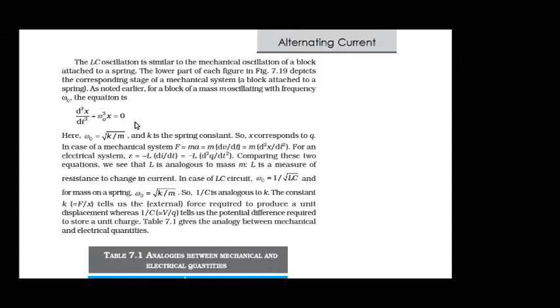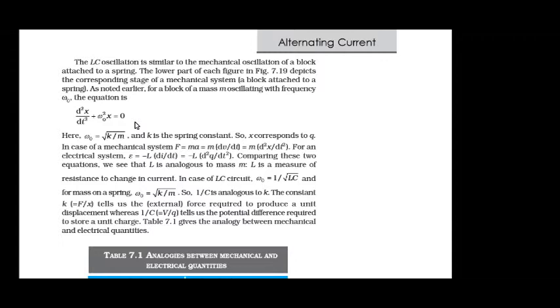So 1 by C is the analog of k. The constant k is equal to F upon x, which tells us the external force required to produce a unit displacement, whereas 1 upon C is equal to V by q, which tells the potential difference required to store a unit charge.